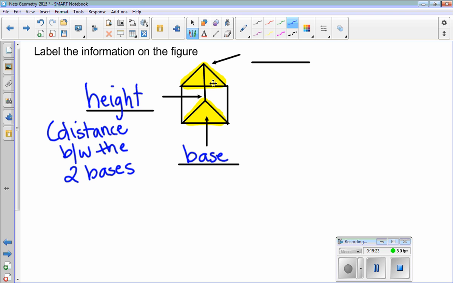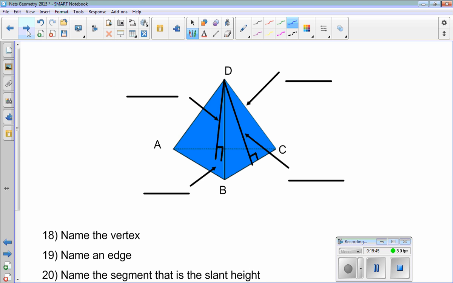The edge of this green, the green edges, there's no special name for that. It's just the edge of the prism. But these red edges are the lateral edges, okay? So then the lateral edge will always equal the height? Yes. Okay, so we're just going to call them both bases. Okay? All right. We keep going.